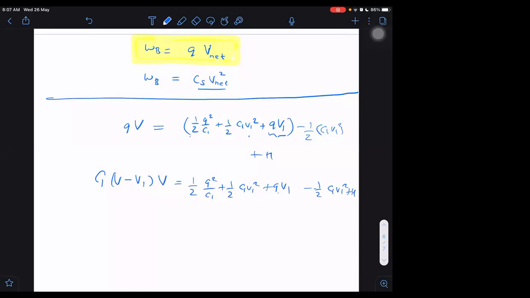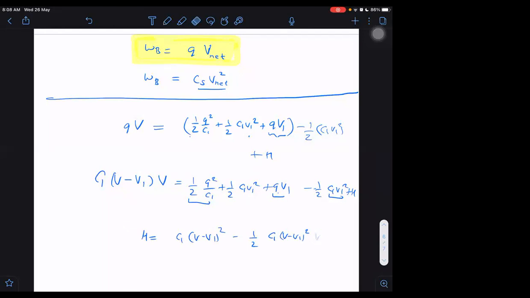Have you solved it already? Yes. Be careful, C1 because of V minus V1 whole square. What are you putting Q as? Q you are putting as C1 into V minus V1, sir. That only, right? And we have solved finally. So the final result is H is equal to C1 of V minus V1 whole square minus half Q square by C1, which is C1 into V minus V1 whole square.